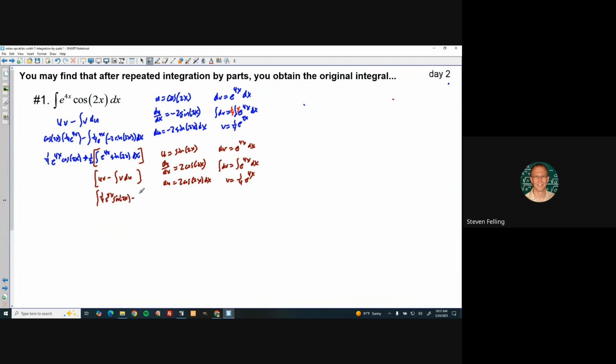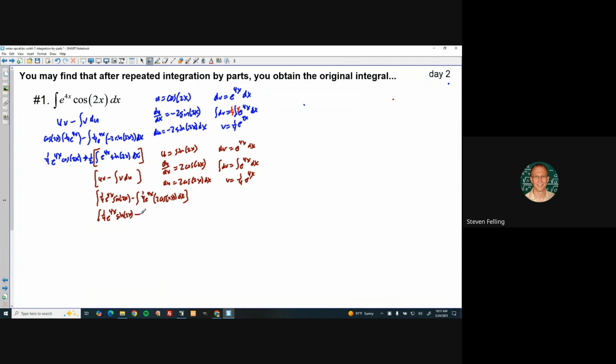And then I have an integral of v, which is 1/4 e to the 4x, times du, which is 2 cosine 2x dx. Okay, now let me simplify this a little bit. So this is 1/4 e to the 4x sine 2x.